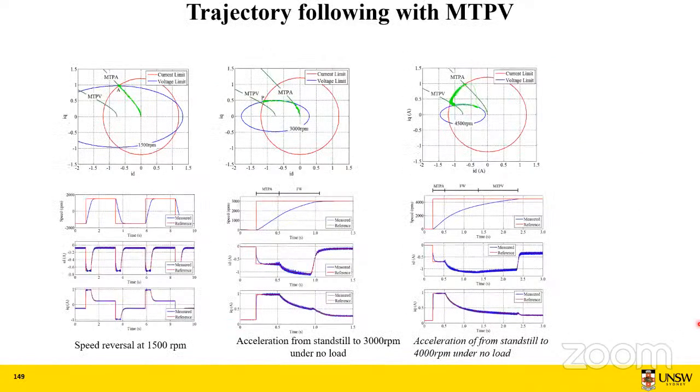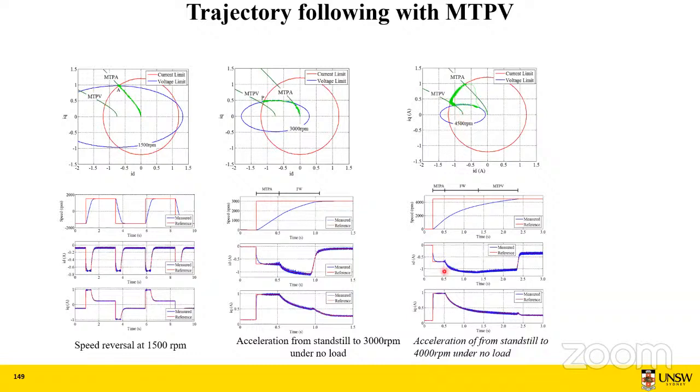So you can see a few experimental results of how this trajectory following can be done through the control. These are some results from our laboratory actually. You can see how the motor operated along the MTPA, then it went to flux weakening, and then it operated along the maximum torque per voltage trajectory.